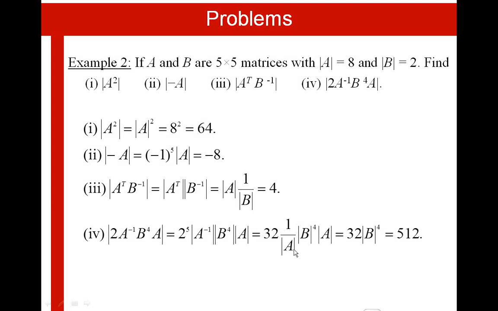The determinant of B to the power 4 is 2 to the power 4. This is 32 times 16, which is 512.